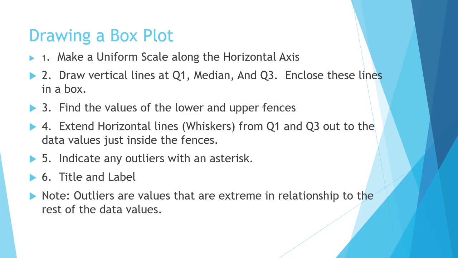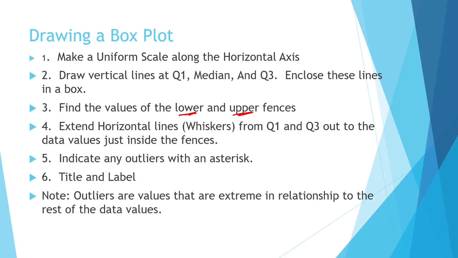Let's figure out how to draw a box plot. Step 1, make a uniform scale along the horizontal axis. Step 2, draw vertical lines at Q1, the median, and Q3, and we want to enclose these lines in a box. Step 3, we want to find the values of the lower and upper fences, and we'll calculate those in the next slide.